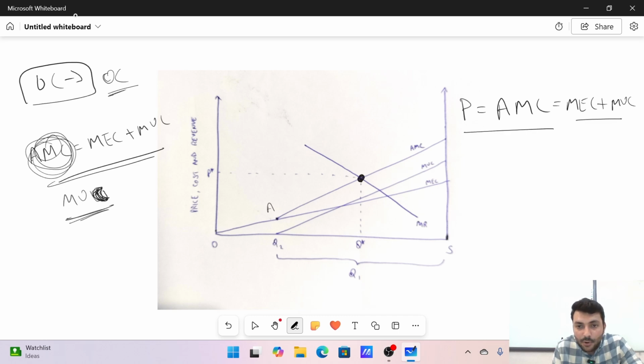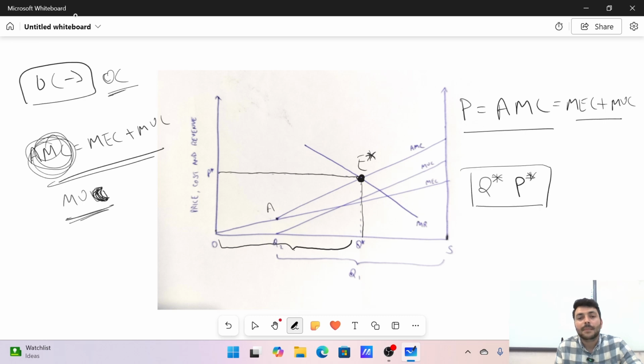So at this point, which is E star, we get the optimal level of the resource to be extracted, that is Q star, and the optimal price at which this resource should be sold is P star. So the point where marginal revenue cuts the augmented marginal cost curve is E star, and this point gives us the optimal level of resource extraction, which is Q star, and the price at which this resource should be sold is P star.